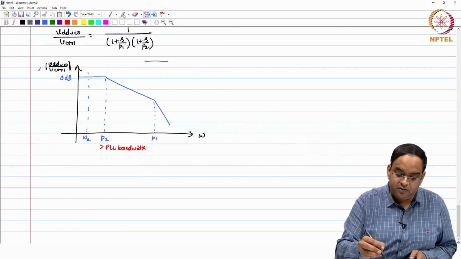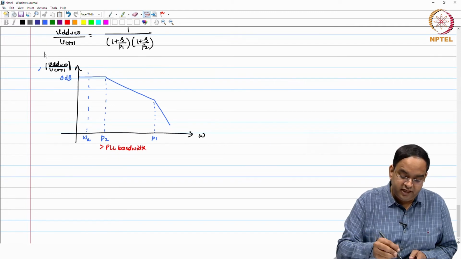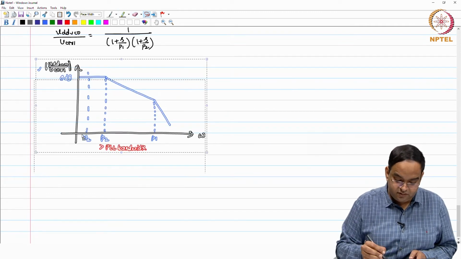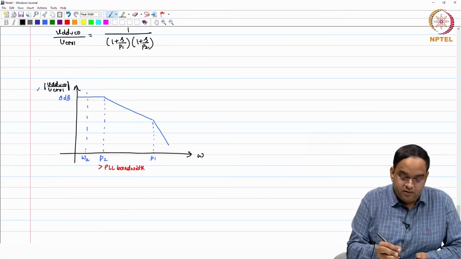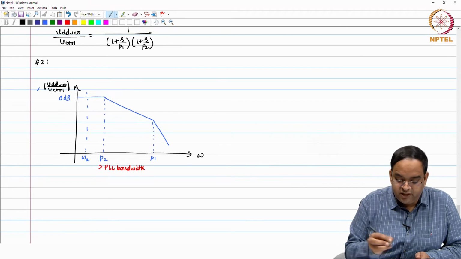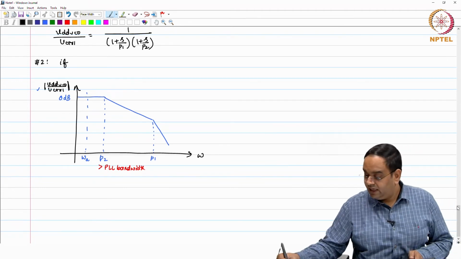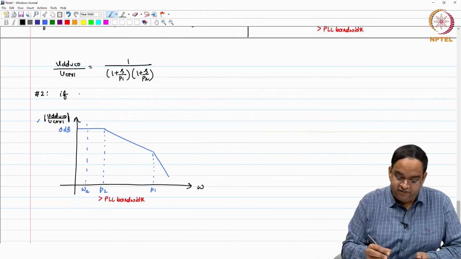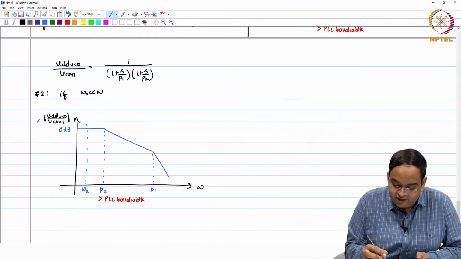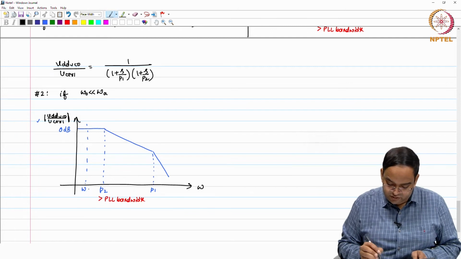So, for case 2, previously omega A, now if I have omega O much lesser than omega A, then these roles will just change.